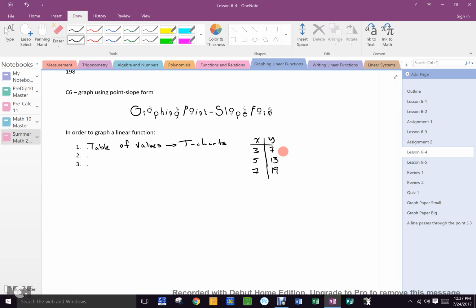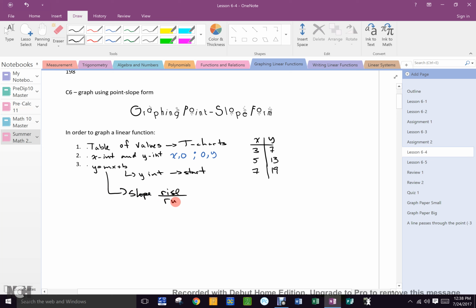Then this year, you learned you can also graph it by using x-intercepts and y-intercepts, which of course are (0, x) and (0, y). And then you learned a third method, which was y equals mx plus b, which gave us our y-intercept, which was our starting point, and our slope, which was our rise divided by the run.